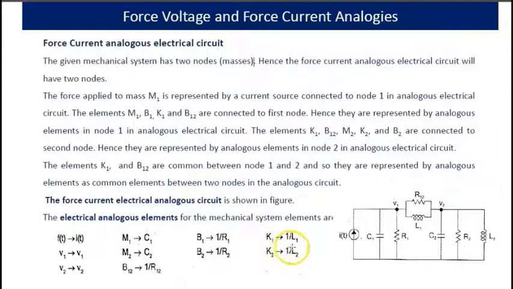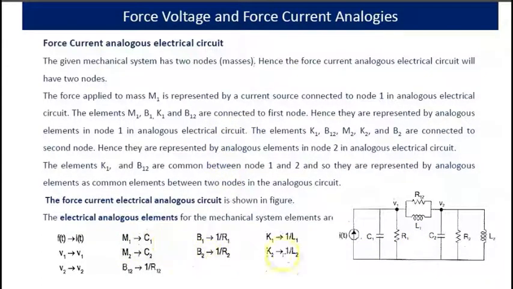For K1 the analogous value is L1, and for B12 the analogous value is R12. So they are connected like this between two nodes. All other elements for the first node are connected to the first node, and the others are connected to the second node. So this is the force current analogous electrical circuit.